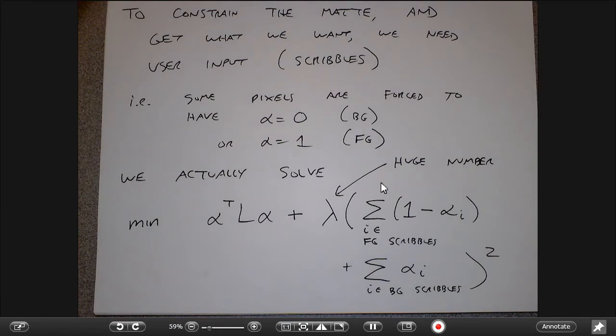And so I'll show you in just a second, just to take a break from the math, the piece of code that actually does this. But this is what's actually happening under the hood, okay?